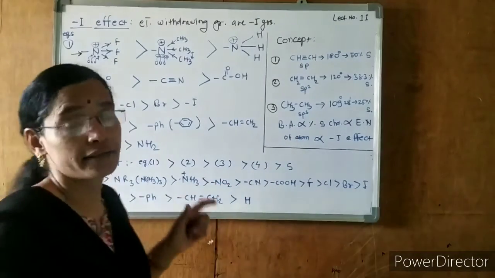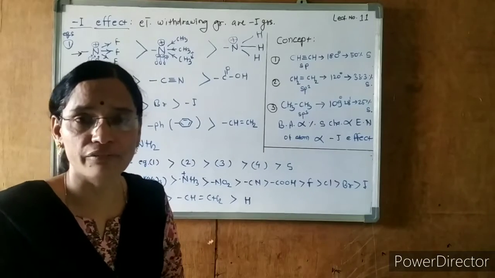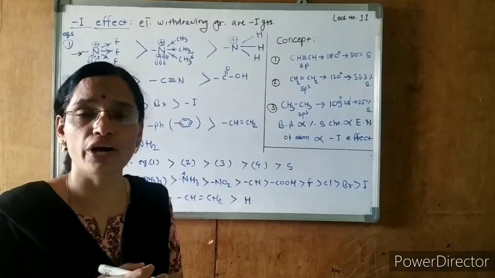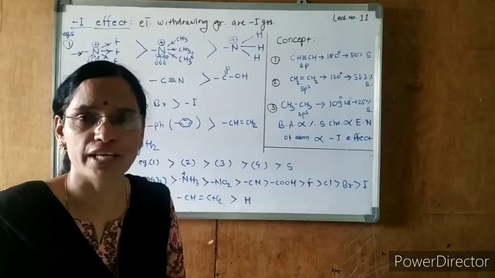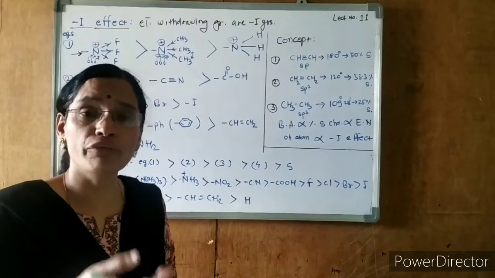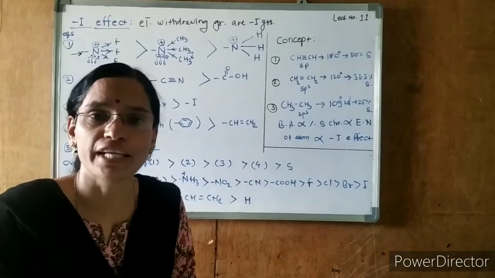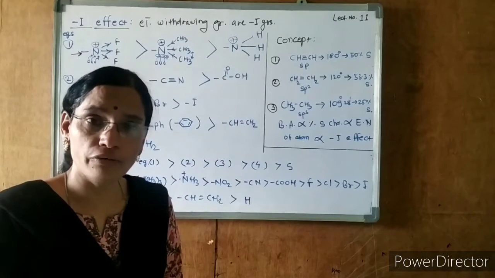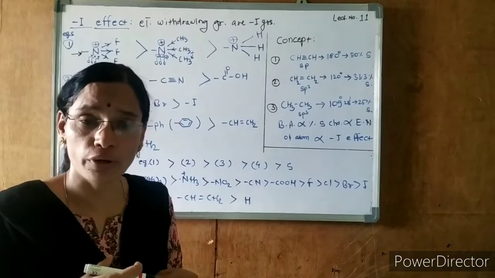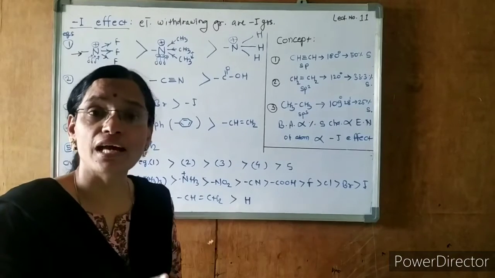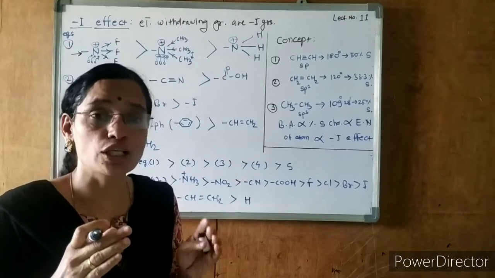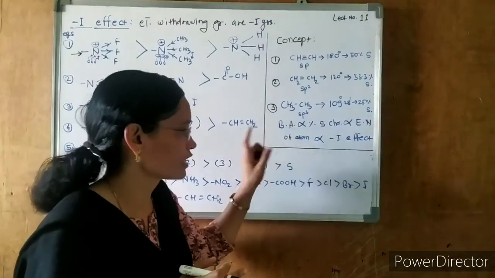We are discussing the minus I effect, meaning the groups which withdraw electrons are called minus I groups, and these groups show the minus I effect. This electron withdrawing capacity depends upon the electronegativity. A more electronegative atom will withdraw electrons more powerfully. If electronegativity is more, the minus I effect is also more. If electronegativity is less, the minus I effect is also less. This is the concept behind this.